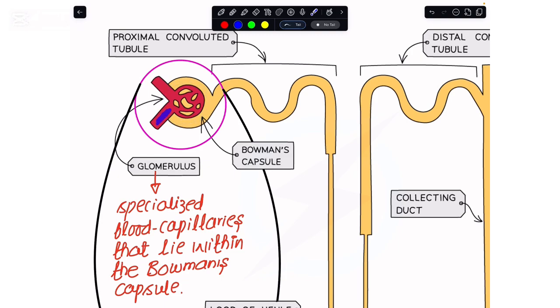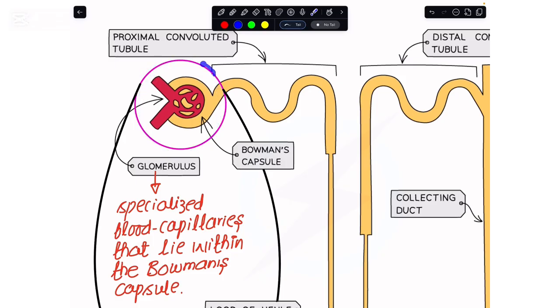In these glomerular capillaries, there is blood plasma, and in the blood plasma we have waste materials. From these glomerular capillaries, some part of the blood plasma is filtered out and makes a filtrate in the Bowman's capsule, and that filtrate is termed the glomerular filtrate. But that we will see in a while.